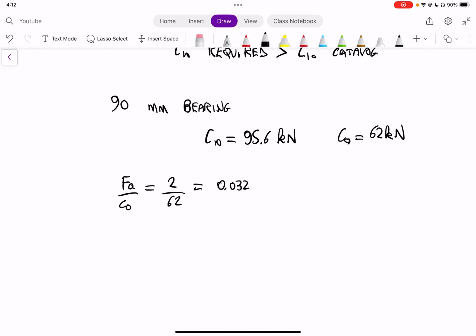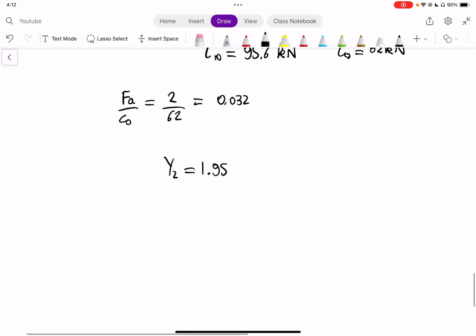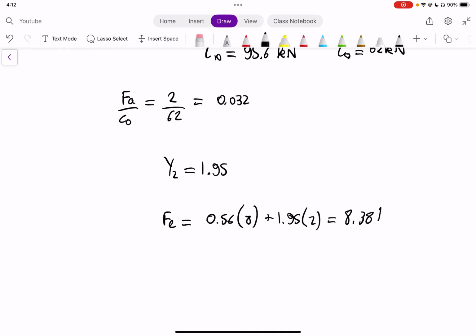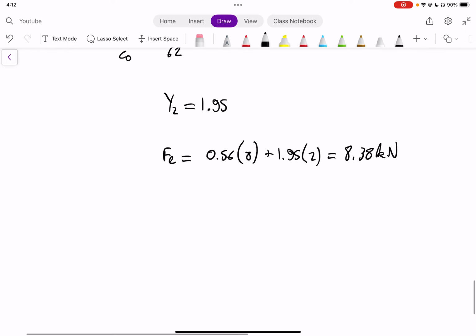Now if we interpolate, we have that Y2 is equal to 1.95, and we find that our FE, based on this bearing that we chose, is actually 0.56 times 8 plus 1.95 times 2, and we get a value of 8.38 kilonewtons. Okay, so slightly higher load as an F equivalent based on this new bearing that we chose.